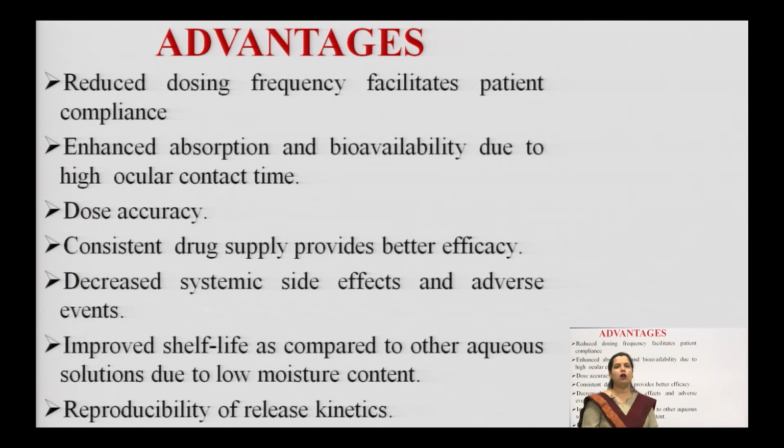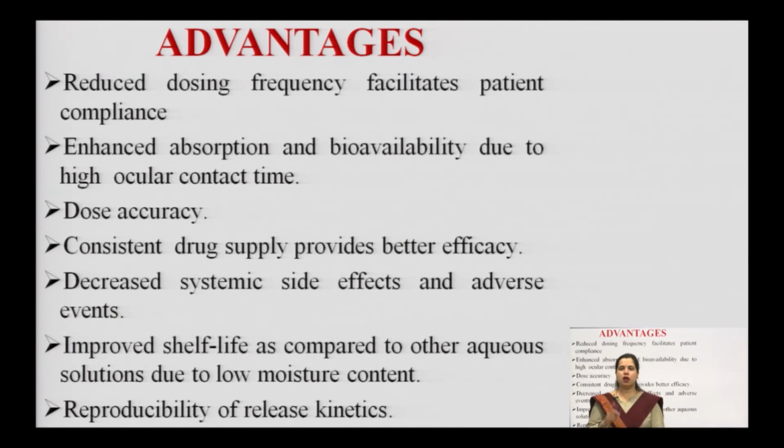Now, what are the advantages of making these Ocuserts? Dosing issues were there with conventional dosage forms, so reducing dosing frequency facilitates patient compliance, right. It offers enhanced absorption and bioavailability due to high ocular contact time.